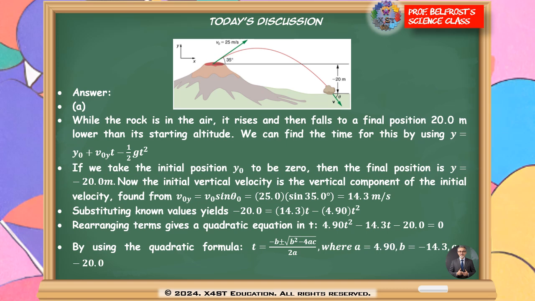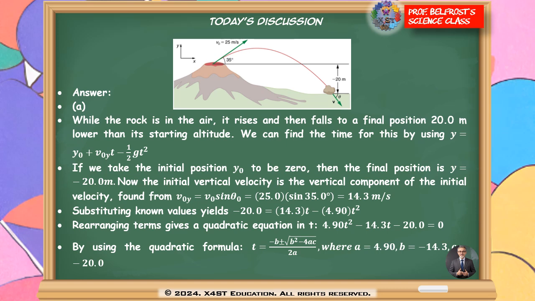The first point is very easily done and it is self-explanatory. You need to make use of the formula y equals y0 plus v0y t minus half g t squared. First find the v0y. This is v0 sine theta, and it is 25 times sine 35.0 degrees, and it gives us about 14.3 meters per second in three significant figures.